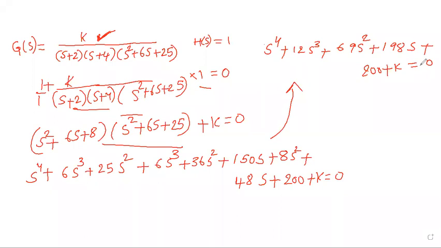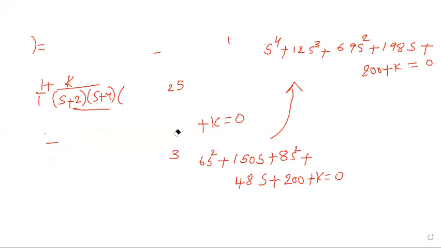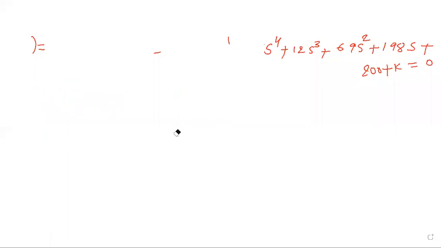So finally, the characteristic equation is s power 4 plus 12s cube plus 69s square plus 198s plus 200 plus K equal to 0.